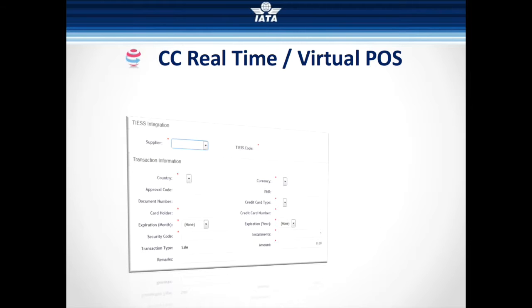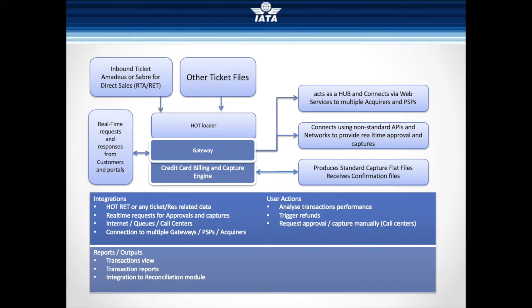From an overview flow, you would see, again, standard ticket data coming in or a direct real-time integration to the gateway. The gateway has multiple connectivity, so we call it a hub where you have multiple acquirers in multiple countries, operations set up within the gateway. You can connect non-standard APIs and ask for customizations and specific processes on the gateway.